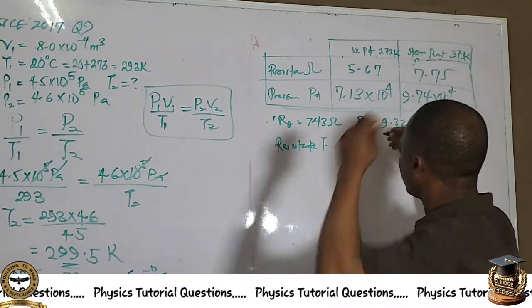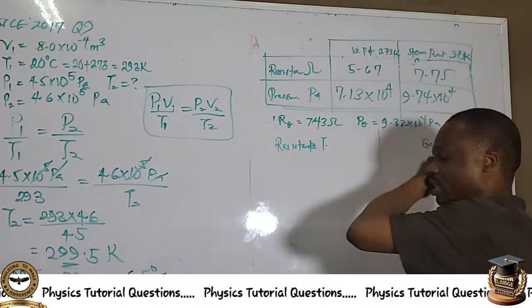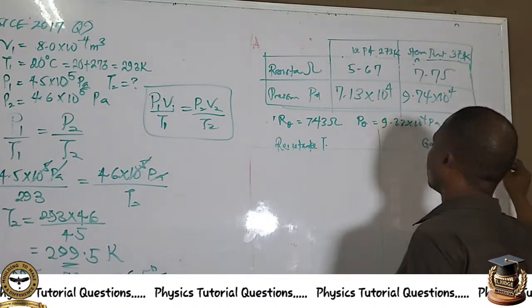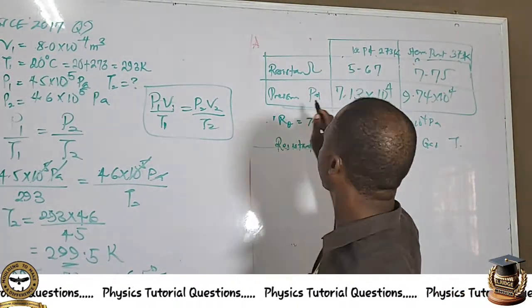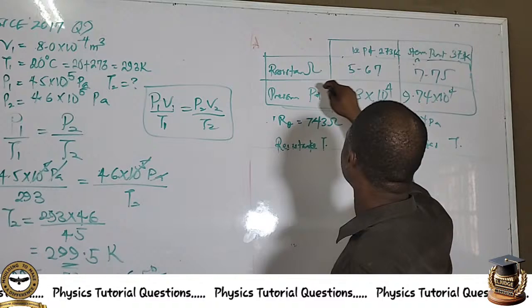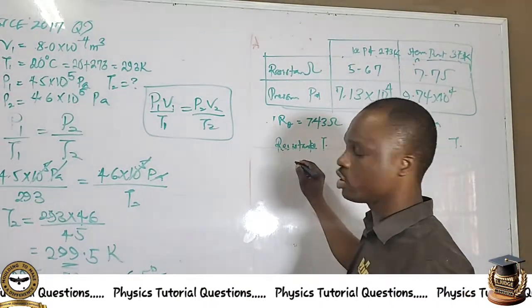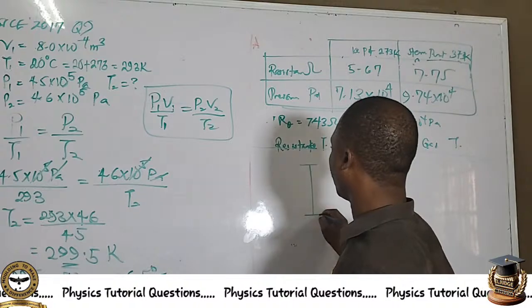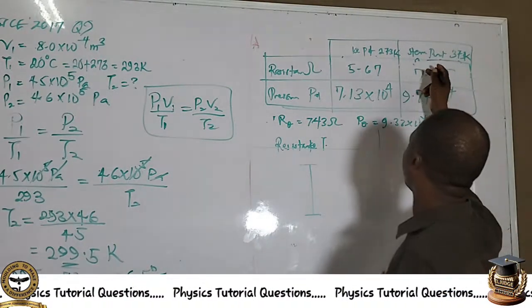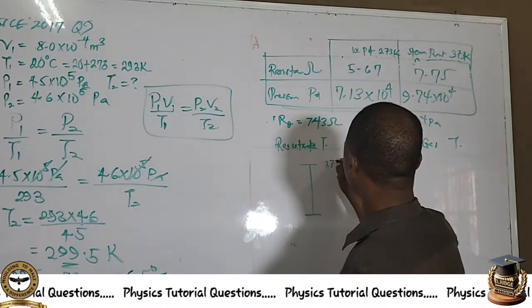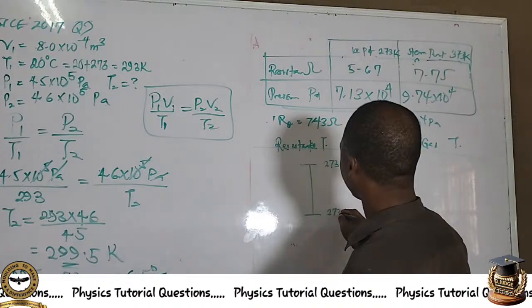There are two thermometers we are dealing with. For the resistance thermometer, we can draw a line. The steam point is 373 and the ice point is 273.